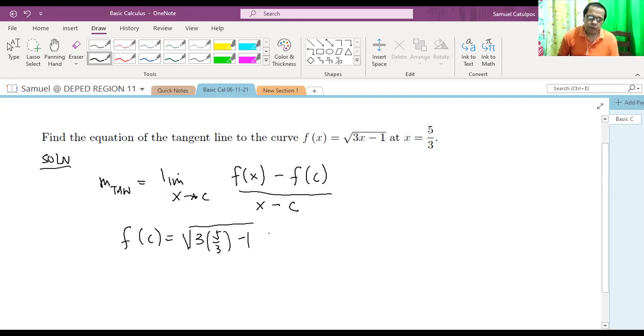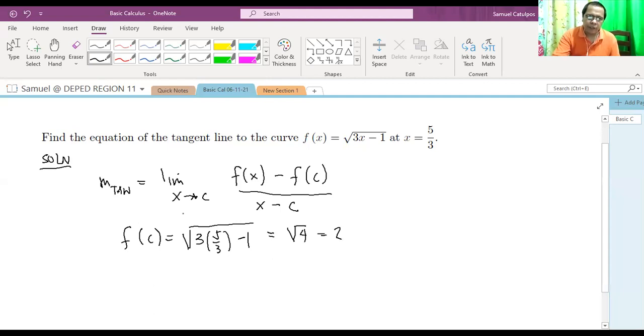Okay, so this is equal to, so mag-cancel si 3, 5 minus 1, that is 2, that is 4, and then square root of 4, tama? And then that is equal to 2. So muna siya si function of c nimo.